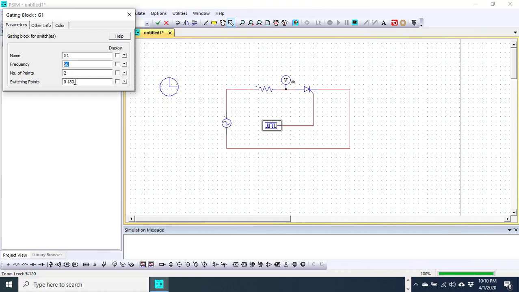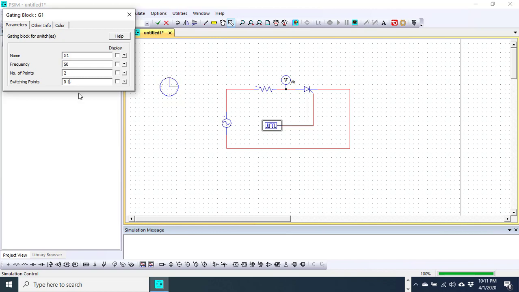Now I have to adjust the switching points. What it means by switching points is, if we have a sine wave, it can be considered as 360 degrees. Since this SCR is a half wave rectifier, it will work from 0 to 180 degrees, and if it's a complete sine, it will work with 360 degrees.